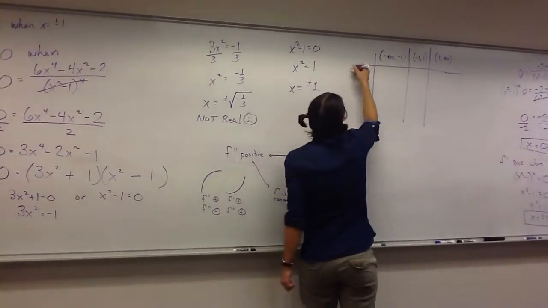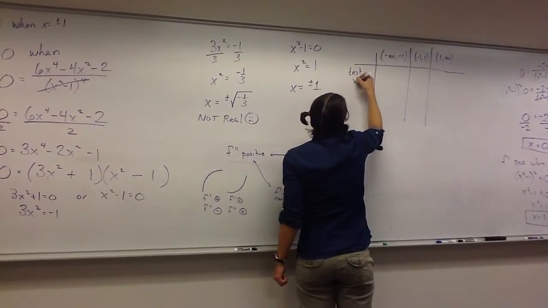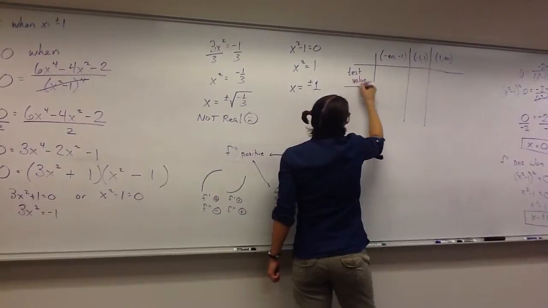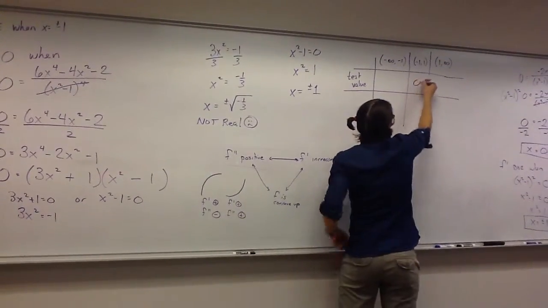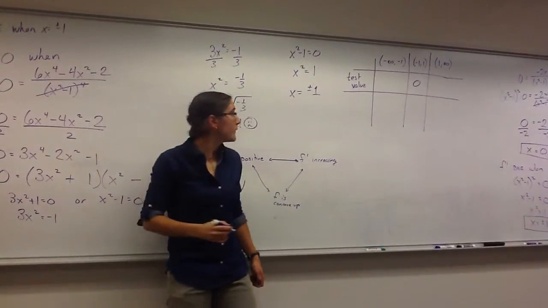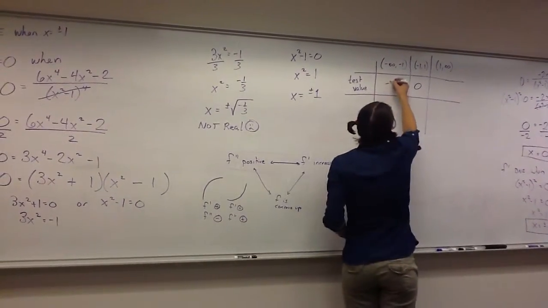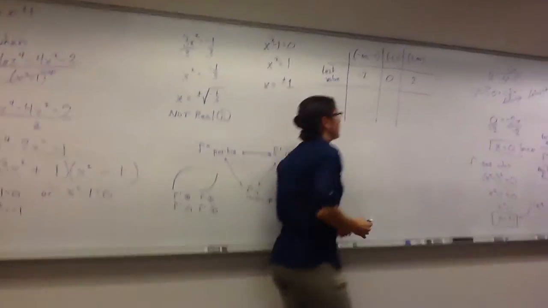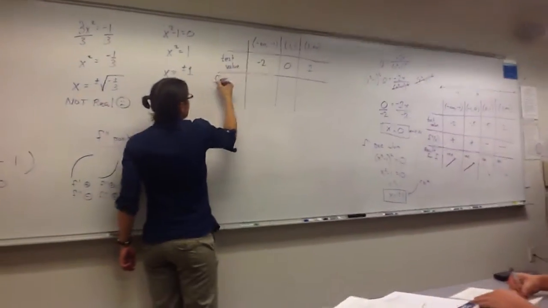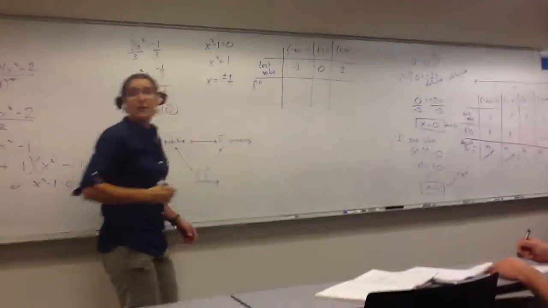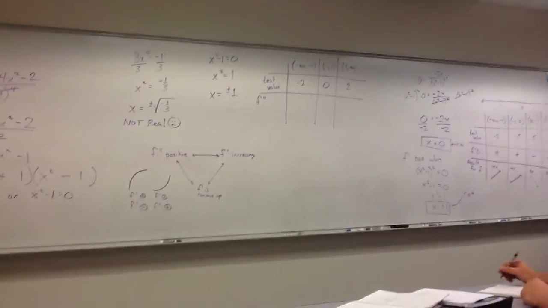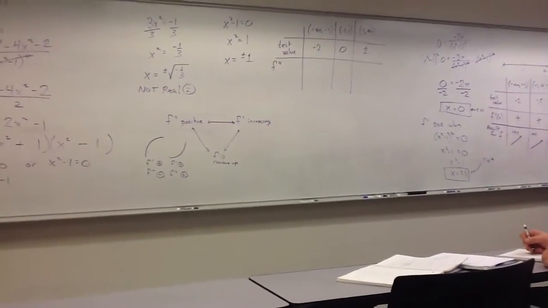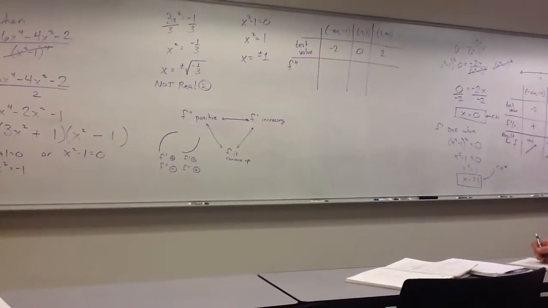Okay, so here we need to figure out some test values. I'm going to go with 0 for the middle test value, negative 2 on the left, and positive 2 on the right. We're going to plug those into our second derivative function.